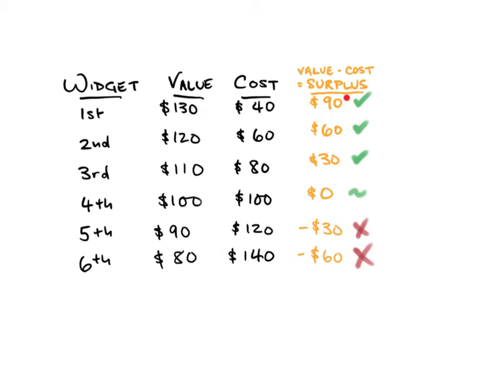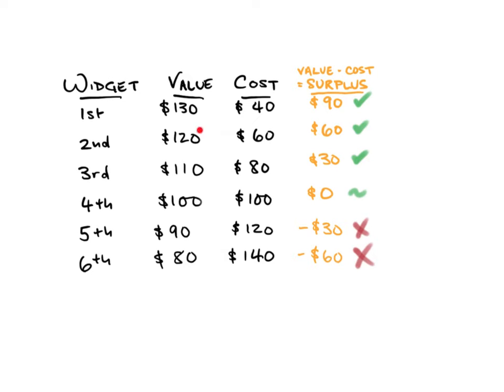So it would generate $90 of surplus. Okay, social planner thinks about, should we produce that? The social planner says definitely yes. Okay, it increases social surplus, or it increases total surplus in society. So using that factory to produce a widget to give to the person who values it at $130 is good for society.